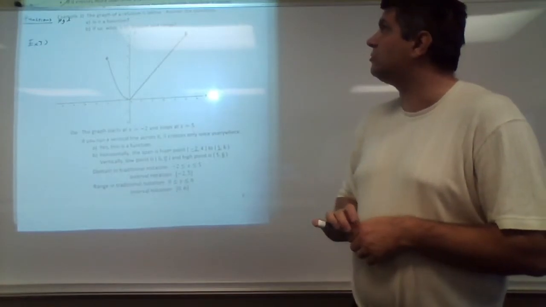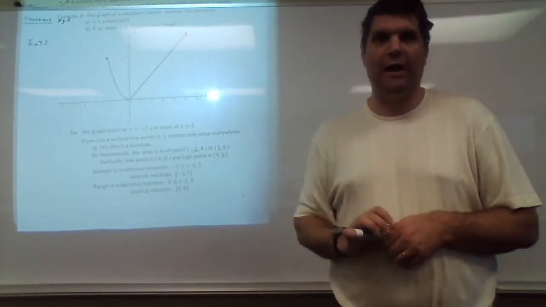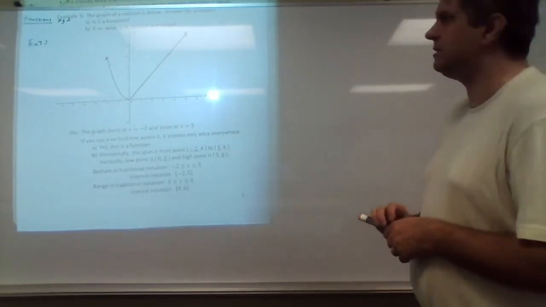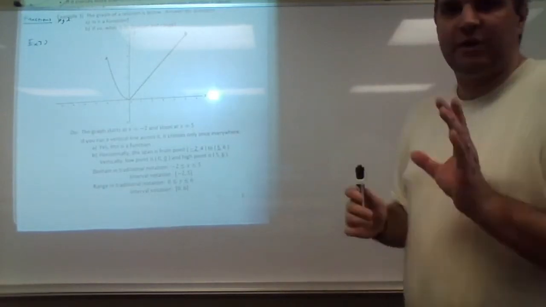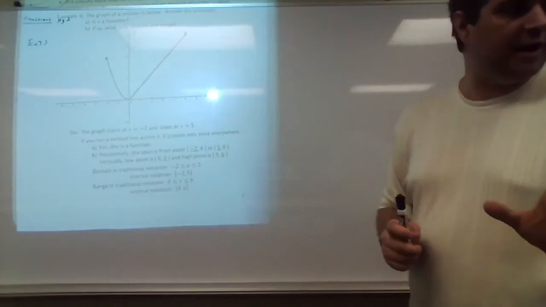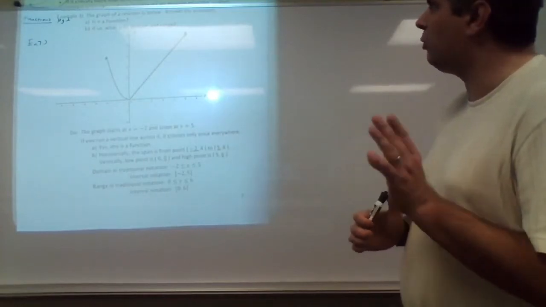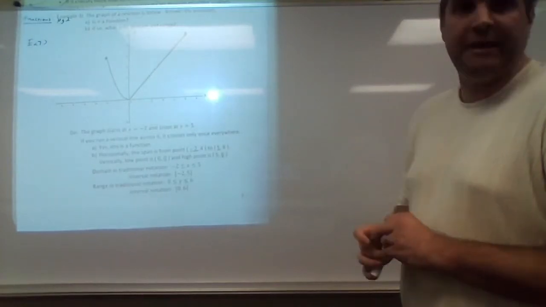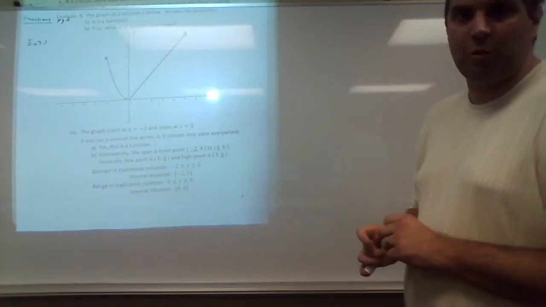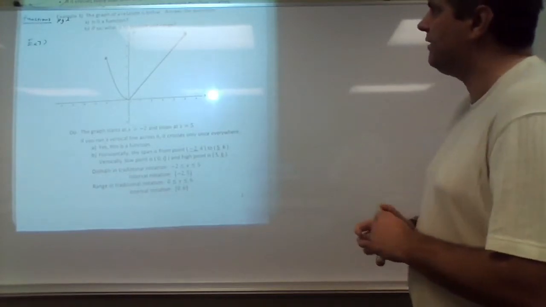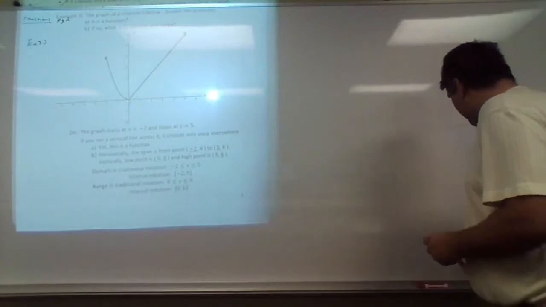The output variable is on the vertical axis, normally y. If the graph is a function, a vertical line should cross it only once everywhere. That would mean that every x has only one matching y. If it crosses more than once, the graph is not a function.